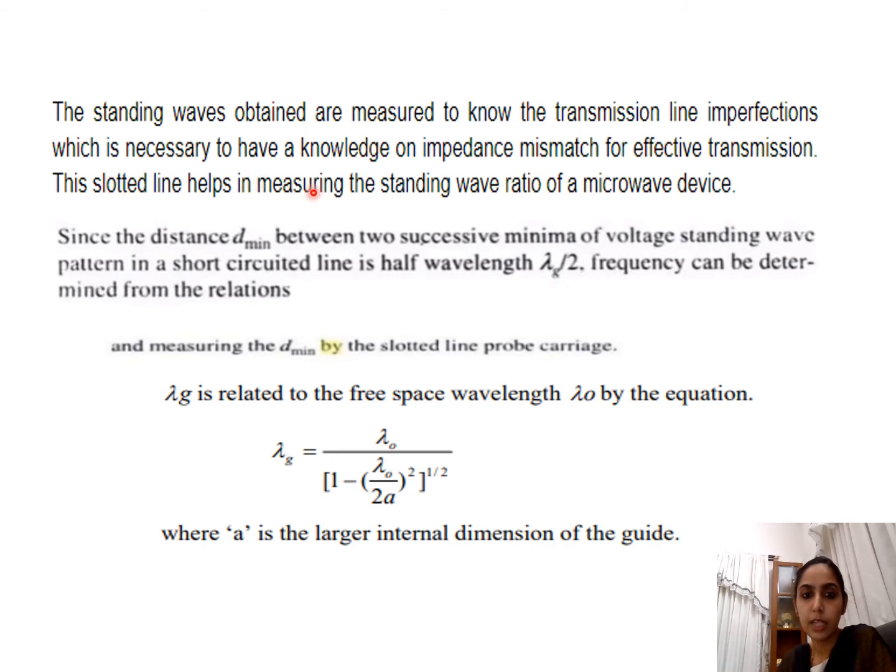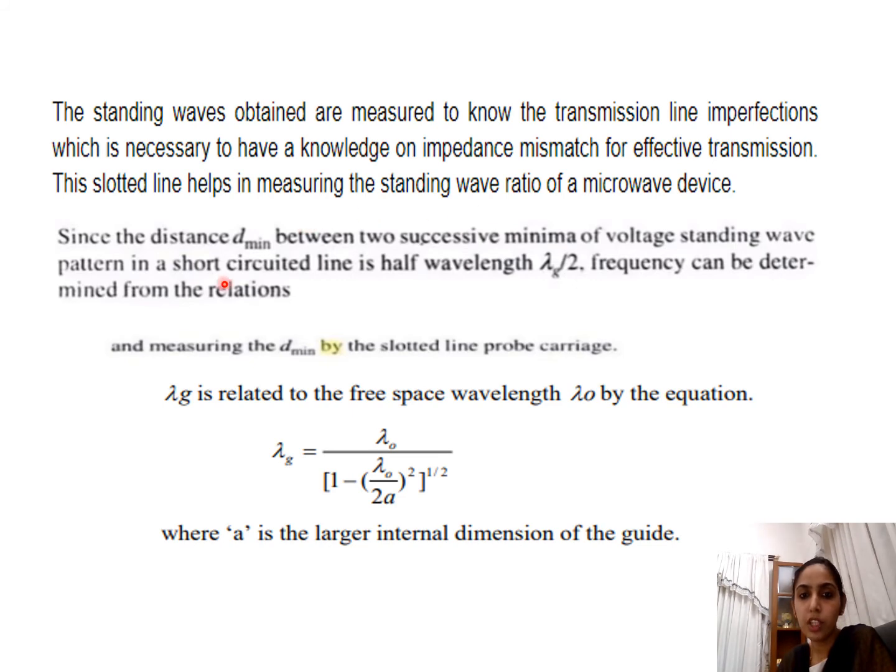So the slotted line helps in measuring the standing wave ratio of a microwave device. By moving the slotted line, with a crystal detector at the end connected to our power meter, we can know the value of Vmax or V minimum along the whole waveguide. So it gives us the standing wave ratio.